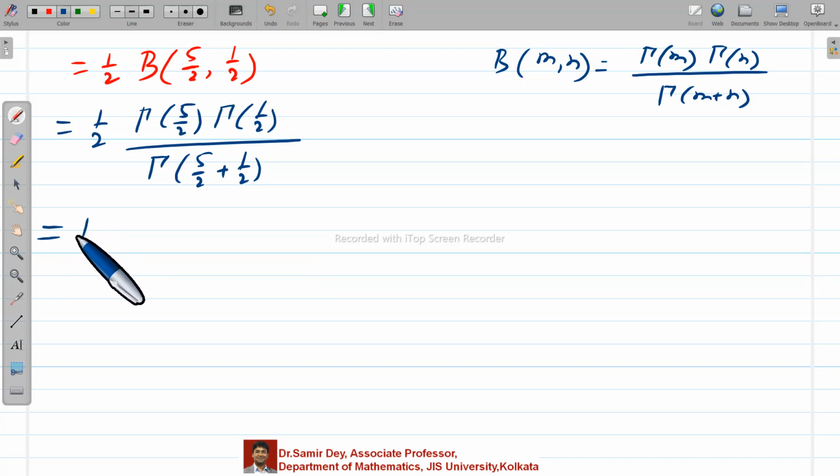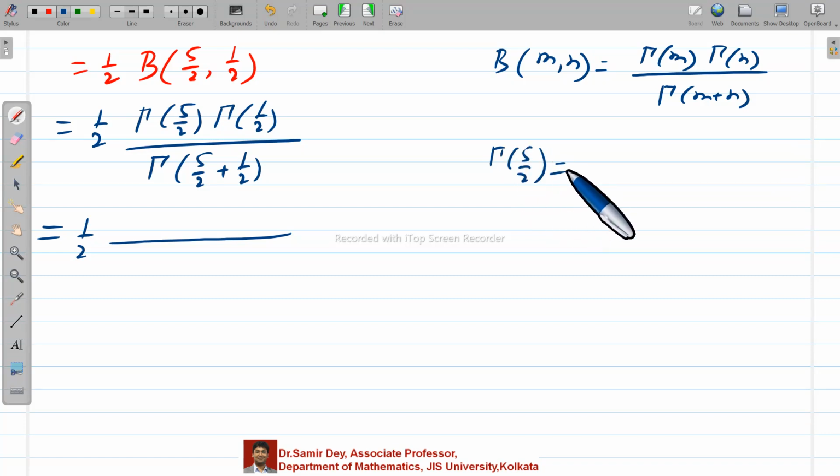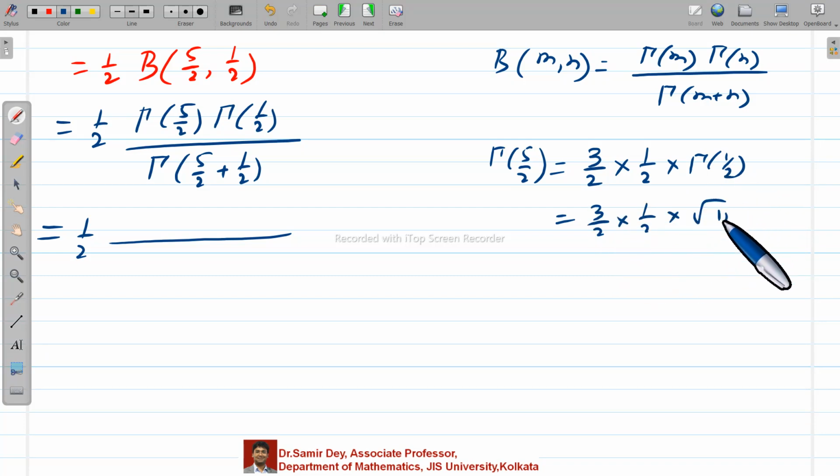So from here we may write, what is your gamma 5 by 2? Gamma 5 by 2 is equals to, basically already you know the basic, 3 by 2, 1 by 2 and gamma half. So ultimately it is coming 3 by 2 into 1 by 2 into root pi. Already you know that.